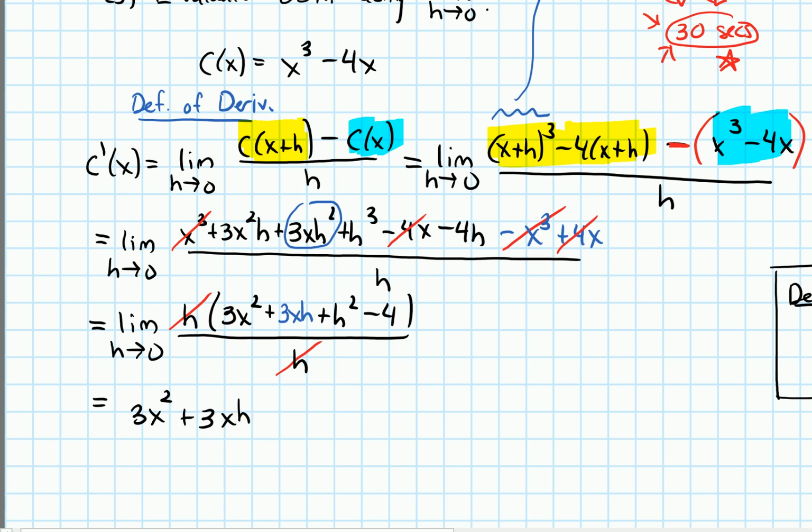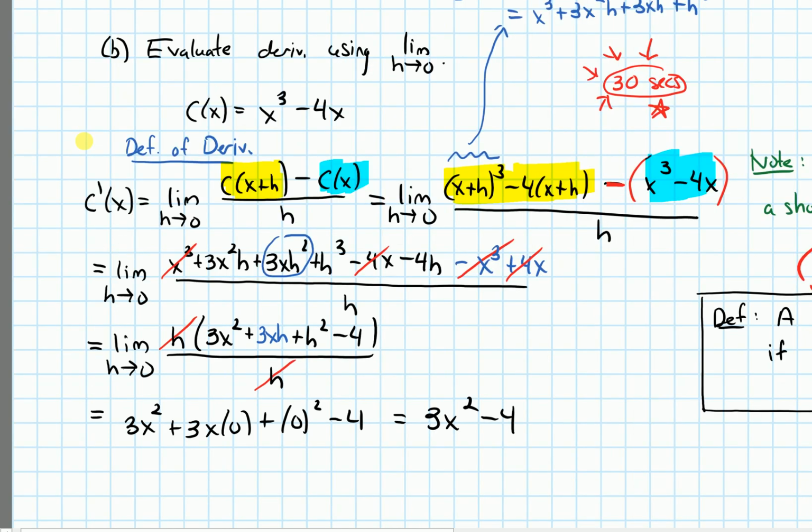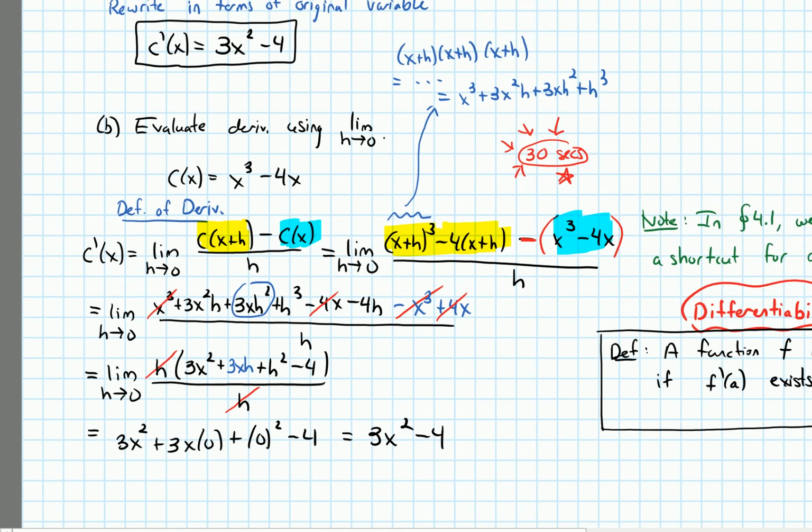But I'm plugging in 0 for the h, so this should have been 3x times 0. And then h squared, when I plug in 0, I get 0 squared and minus 4. So now I think that looks good. And simplifying this, we get 3x squared minus 4. And if we zoom this out, you might notice this looks like the same thing that we got above. So our derivative function, c prime of x, equals 3x squared minus 4.